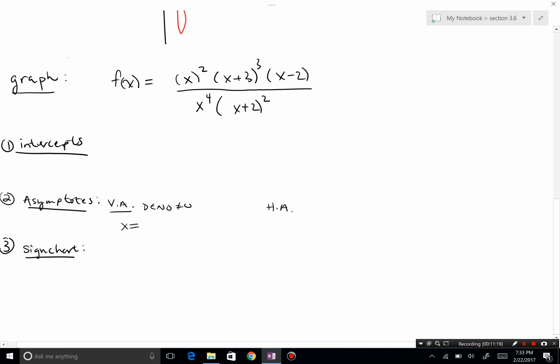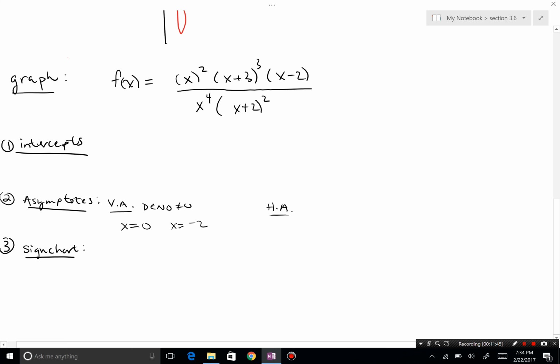So x equals 0 is a value we don't like, and x equals -2 is a value we don't like. Makes good sense, right? So at these, we're going to have what's called a vertical asymptote, or a vertical line there. And good news is vertical lines have the equation of x equals a number. So it'll be like a dotted line at x equals 0. Don't worry, I'll go through and we'll fill in the blanks.